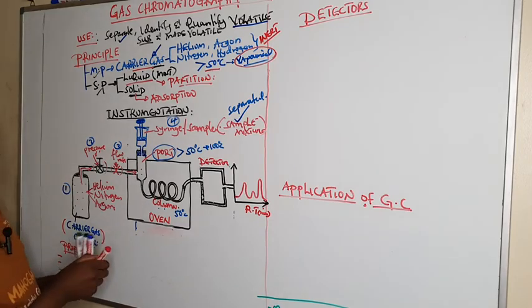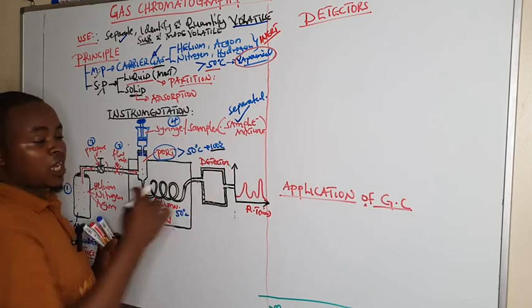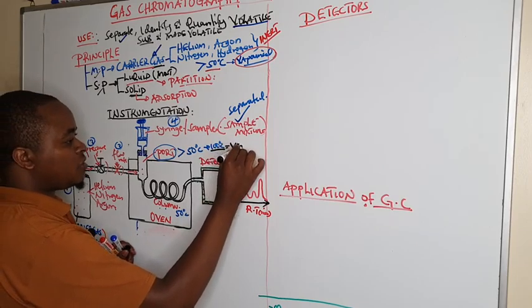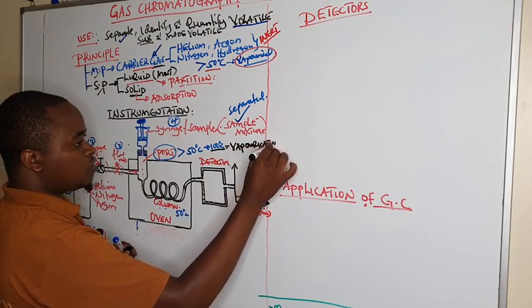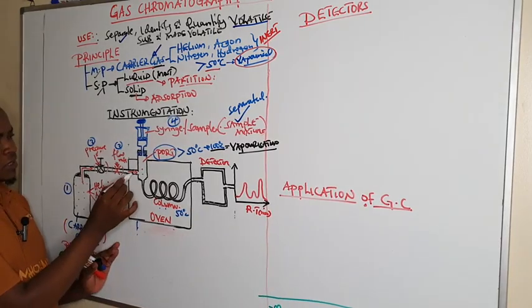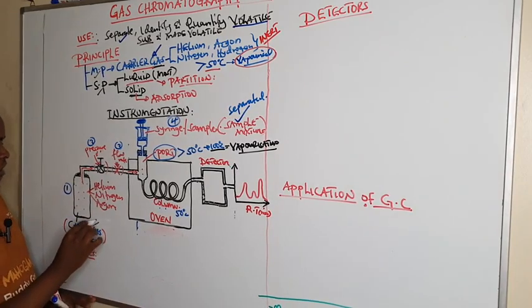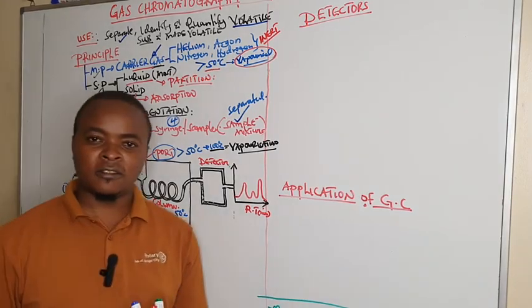So within the sample pot, the importance of maintaining temperature higher than that of the column is to enable vaporization of the sample, so that by the time it is meeting these inert gases, which are carrier gas, and we are calling it the mobile phase, it is already in gaseous state.